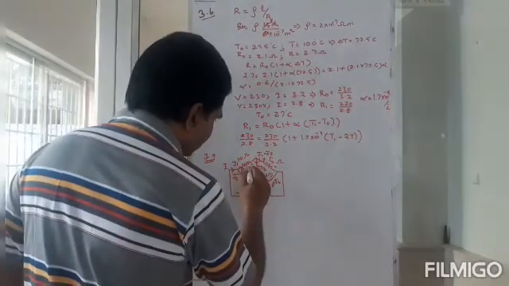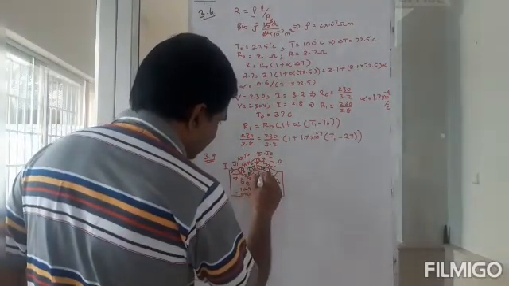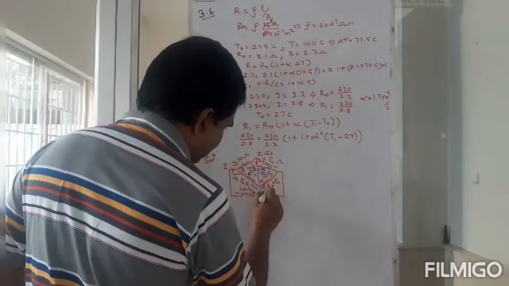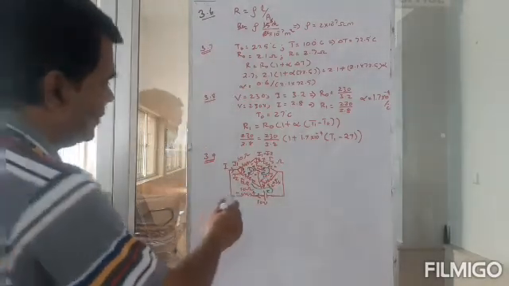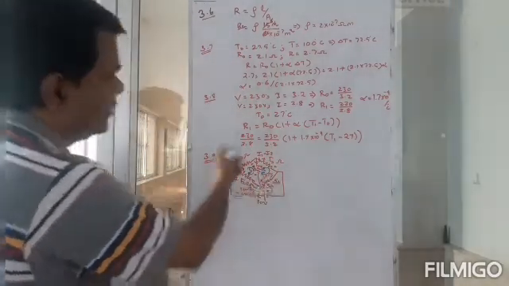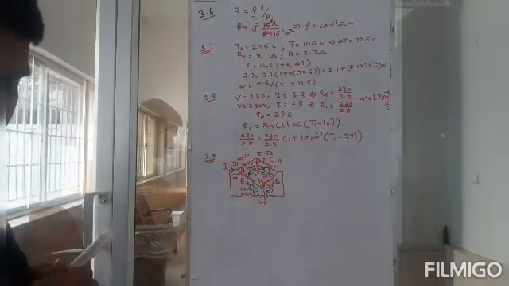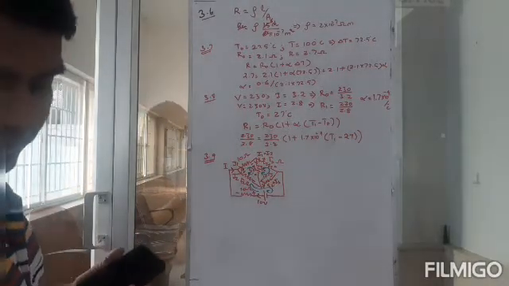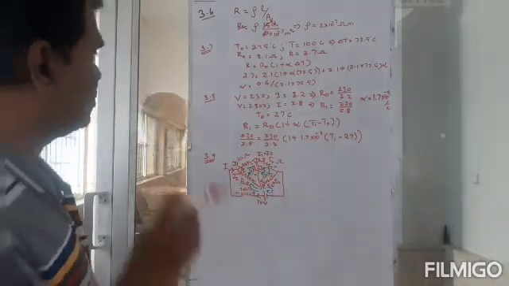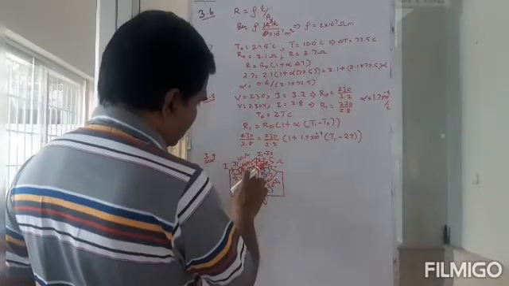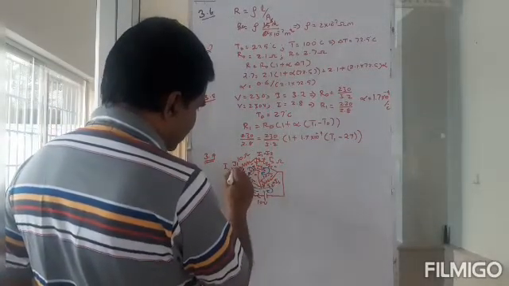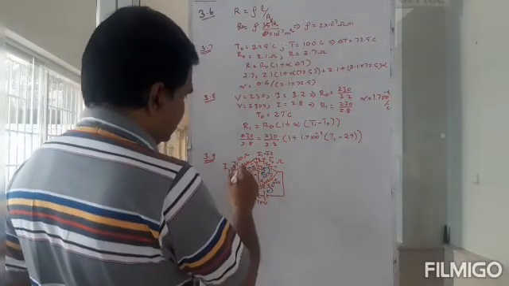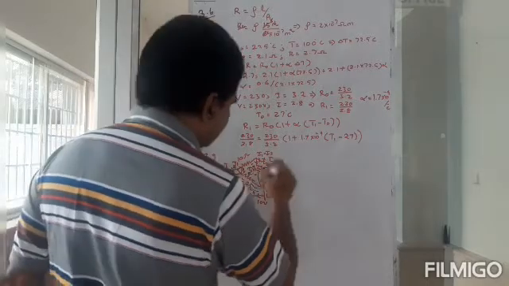So I have 3 loops I can take. Okay, I've done that before. You can do it here, right? So let's see what happens here. I'll take the first one. I'll start from this point A and come back to it. So this would be I1 into 10, so plus, right?